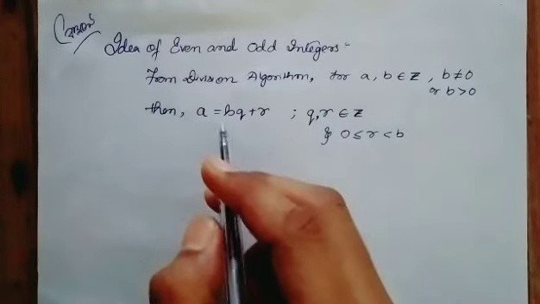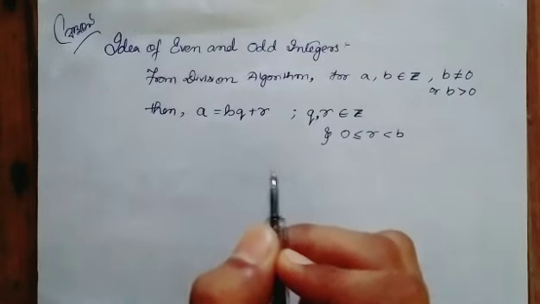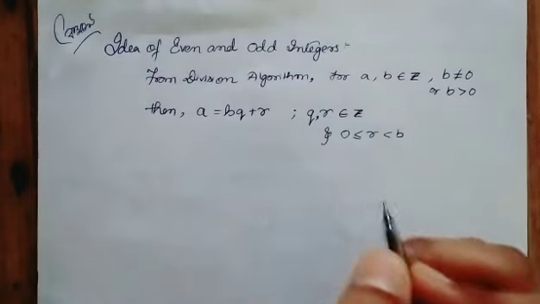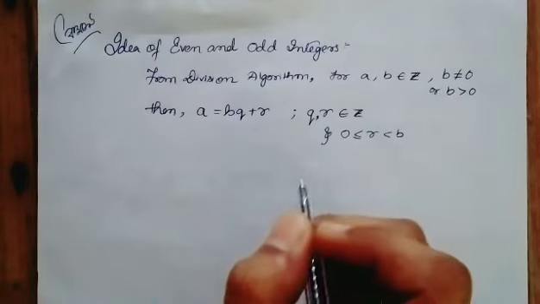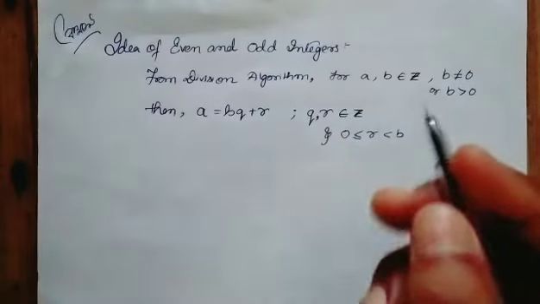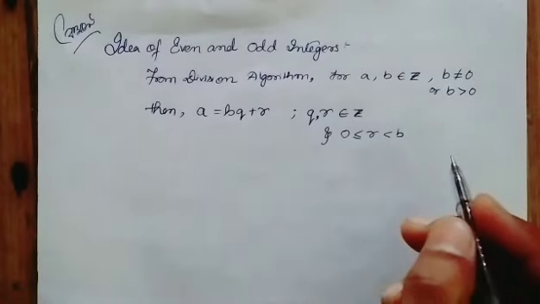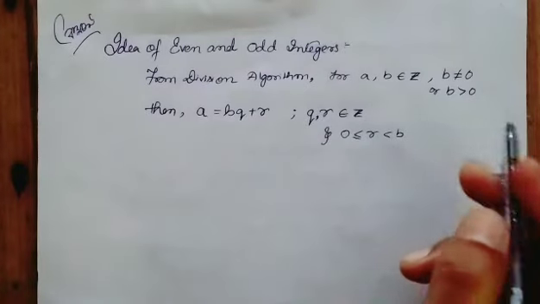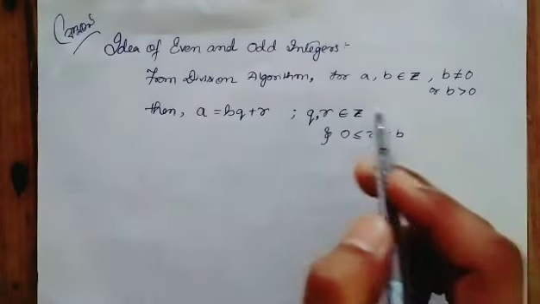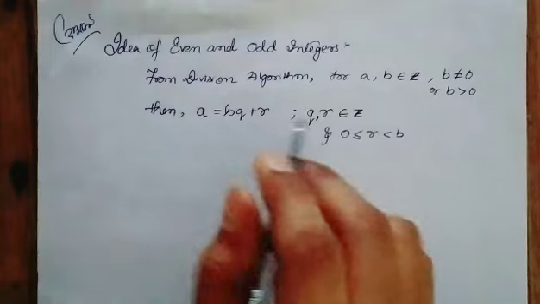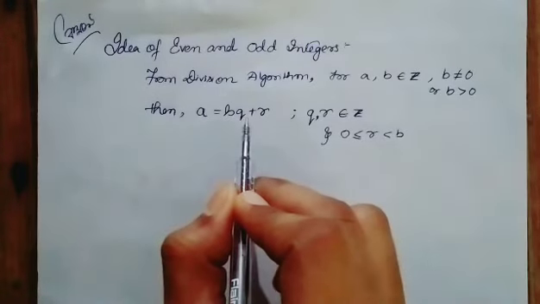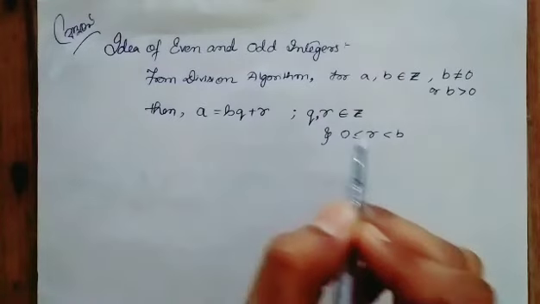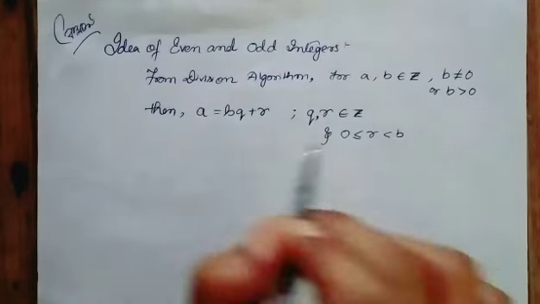So now we shall discuss the idea of even and odd integers. From the first theorem of the division algorithm, we consider a and b to be two integers, and b is not equal to 0, or b is a positive integer, greater than 0. Then a can be expressed as the product of b and some integer q plus some integer r, which is the remainder.